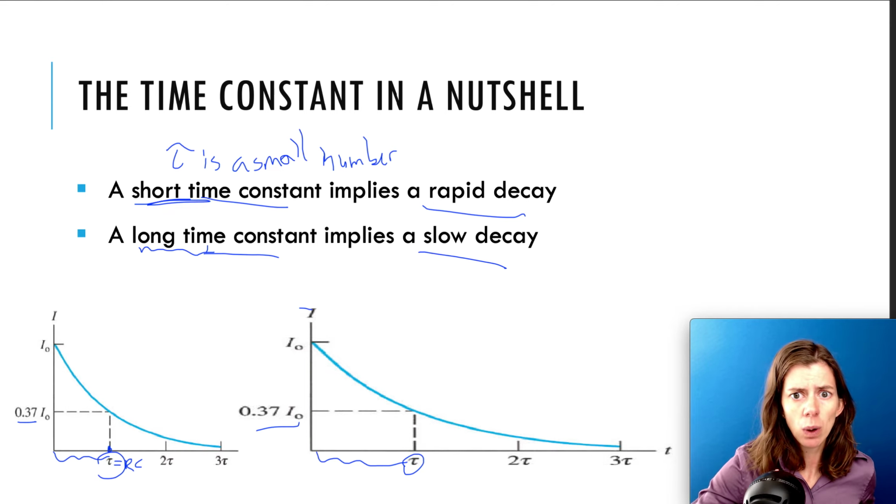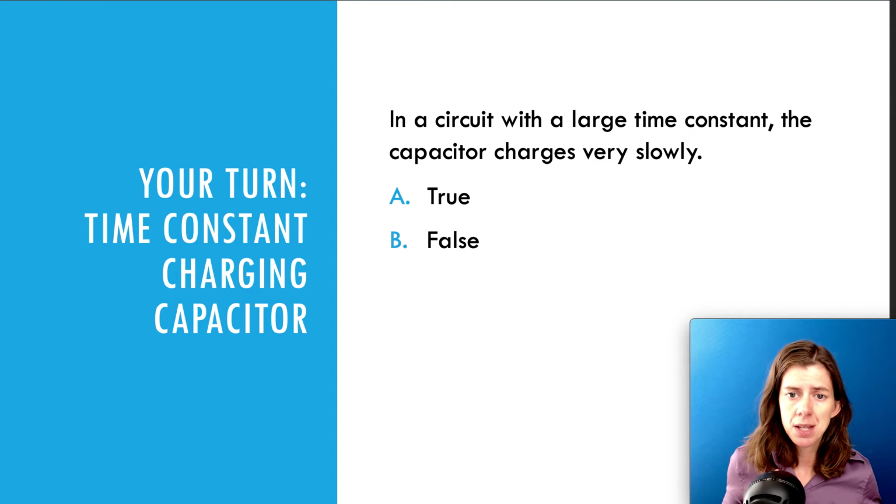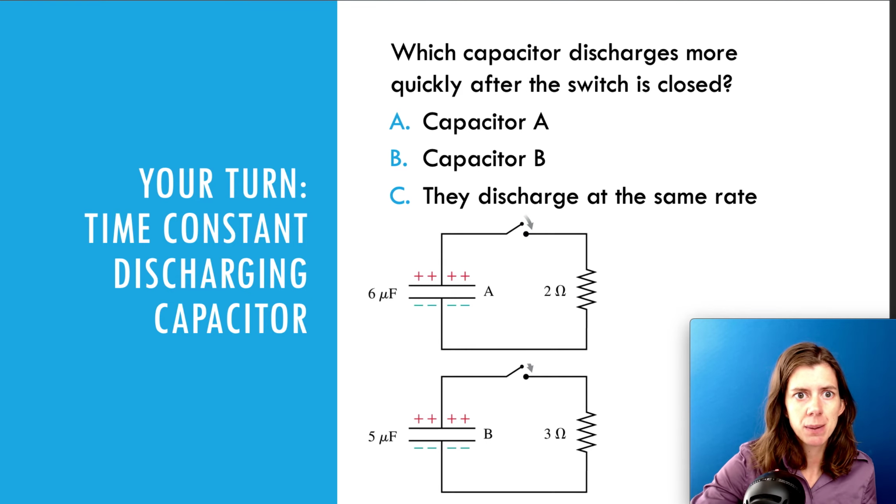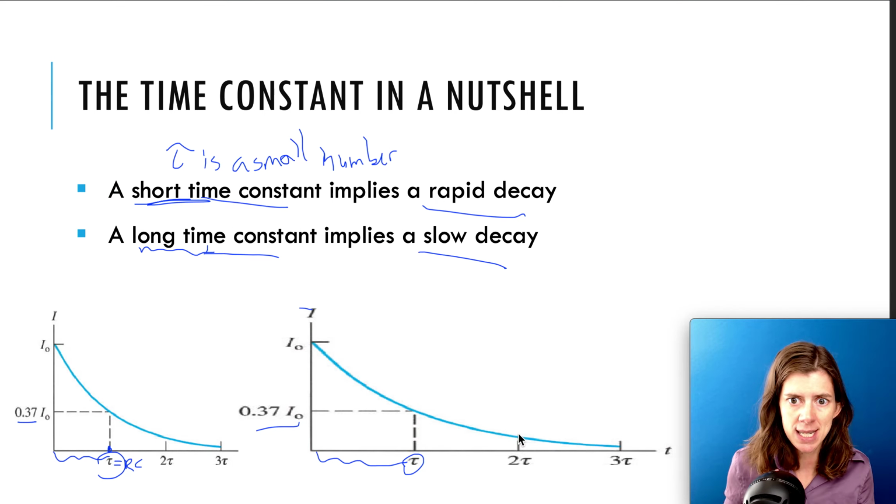Okay, let's do a couple of questions. This is just a summary of what we just talked about. In a circuit with a large time constant, the capacitor charges very slowly. Is that true or false? Hopefully you said that was true. We just talked about that: with a large time constant, you have a slow decay. You also have a slow growth.